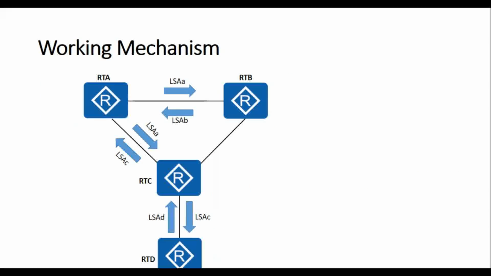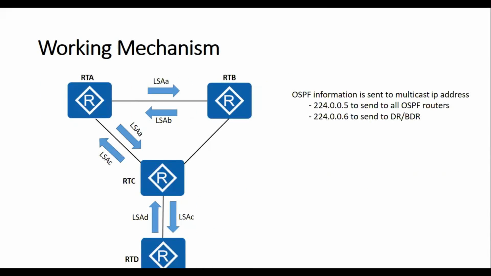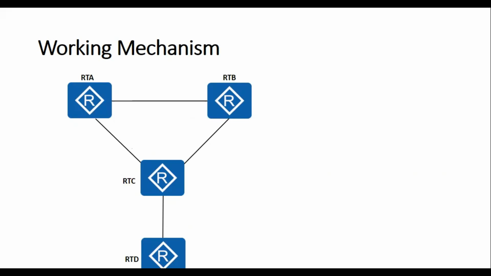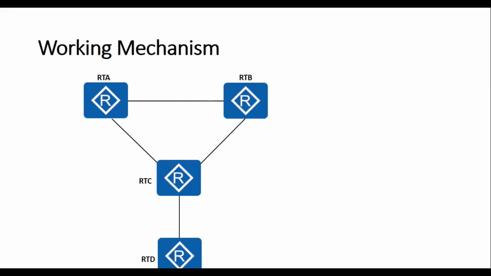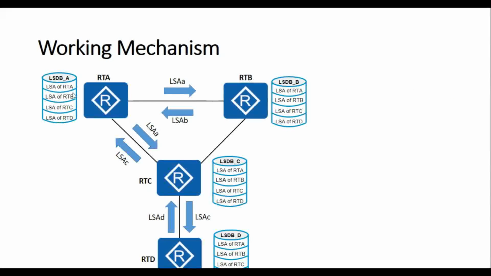So I hope we have understood the mechanism up to this far. Once the neighbor relationship is established, the routers exchange the link state advertisement. The link state information is flooded. And each router builds a link state database from the link state information.